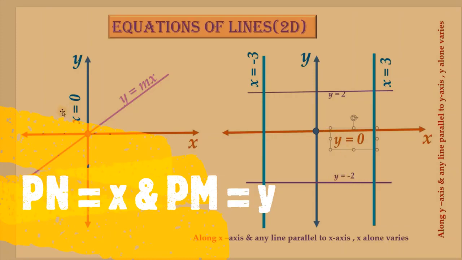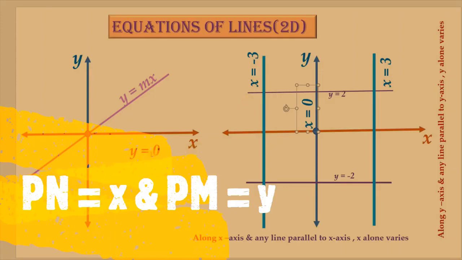And in the same way, for x = 0, which is the y-axis, we have any line parallel to that. We know that the equation of the y-axis is x = 0. Any line parallel to that should be of the form x = constant. Suppose I have this at 3 units distance, then the equation of this line will be x = 3, and in the negative direction x = -3.